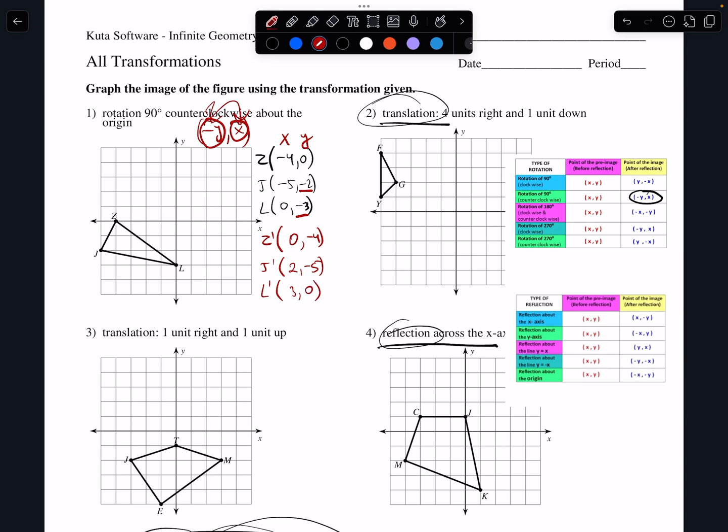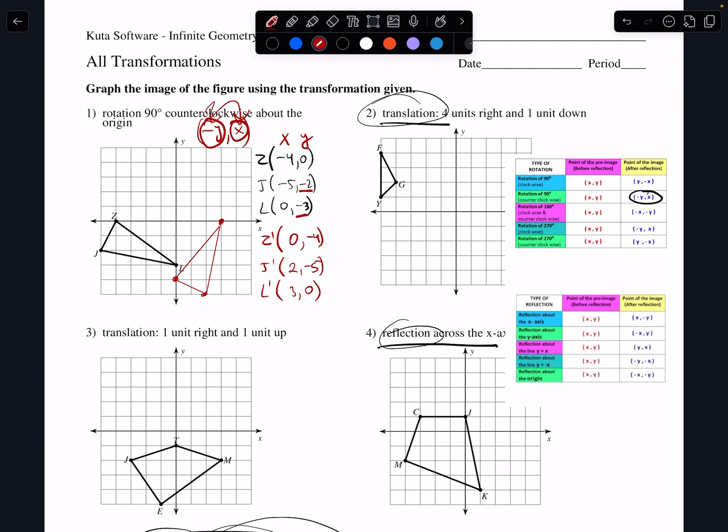So (0, -4), 1, 2, 3, 4. Okay, J is (2, -5). And then L is (3, 0). Okay, so this is what your shape should look like. Okay, so something like this. All right.